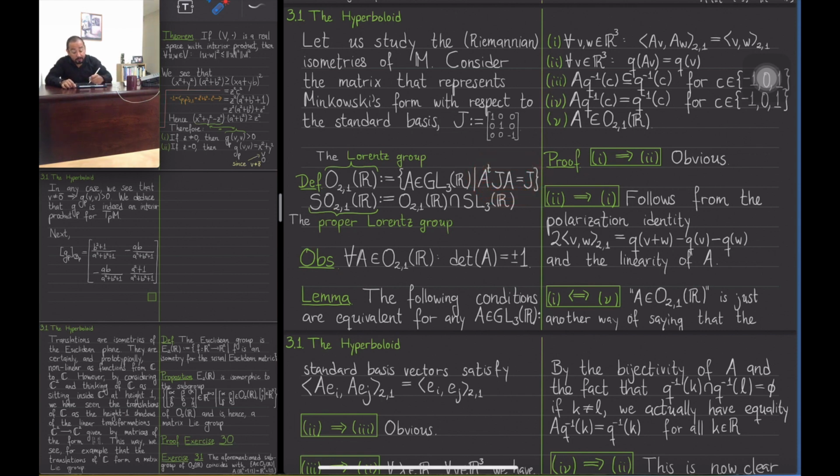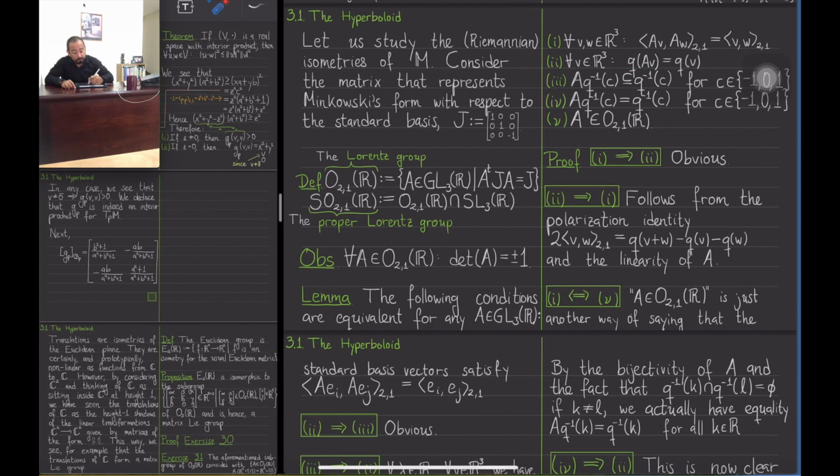Okay, this group we are going to denote O21. So this is why I got the confusion. It's O21, not O3, because of 2 plus signs and 1 minus sign in the form. It's commonly known as the Lorentz group, terminology coming from special relativity.